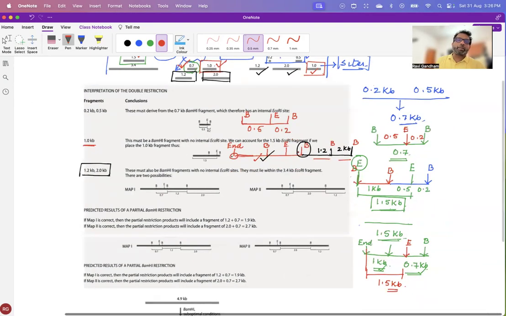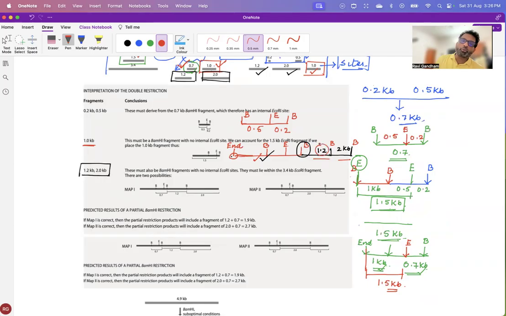So with that basic idea, you may ask me, sir, why are you placing 1.2 kb here? You can as well have, instead of 1.2, a 2 kb here, and you can have a 1.2 kb here, because when you digest with BamHI anyways, this is getting digested, you get 1.2 kb, this is getting digested, you get a 2 kb. So now we have two sets of possible maps.